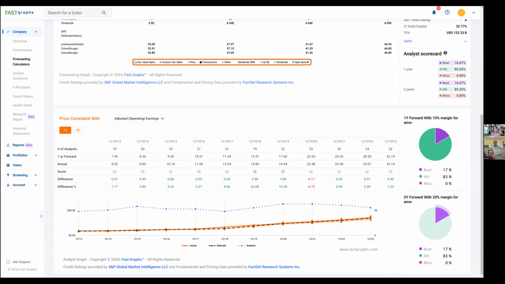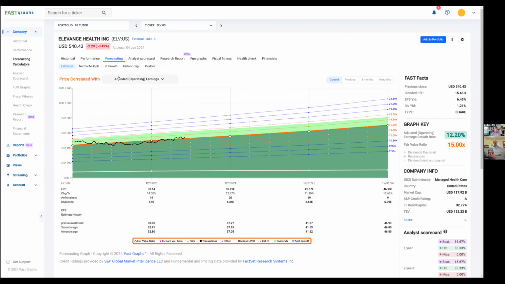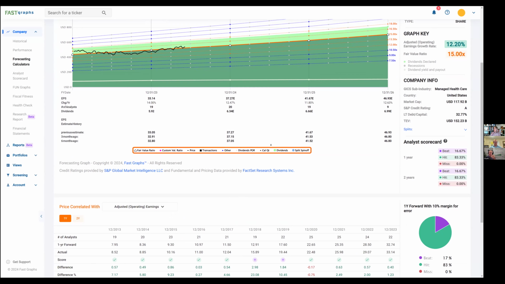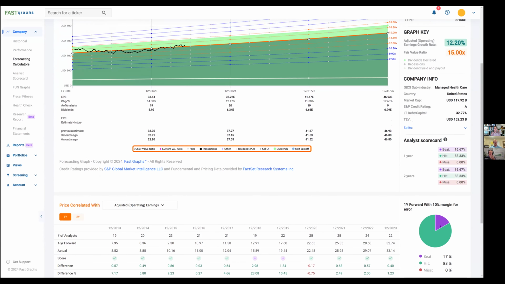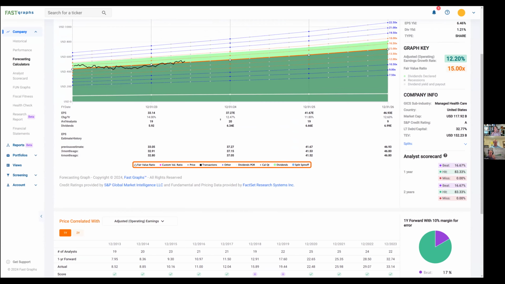We give them a 20% margin of error when the analysts were making an estimate 2 years forward. But I can look at a stock like Elevance and say I have a high degree of confidence that these numbers are probably going to be well within a range. And you can see here that the estimates have always come in well within a reasonable range, within the margins of error that the analysts were expecting.